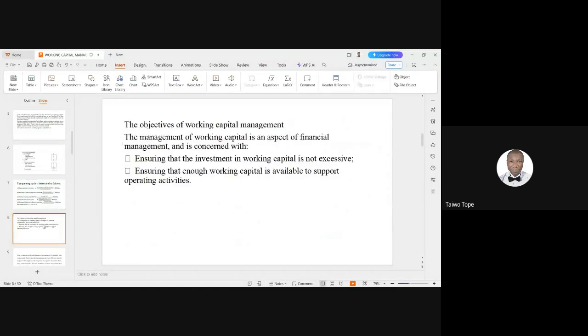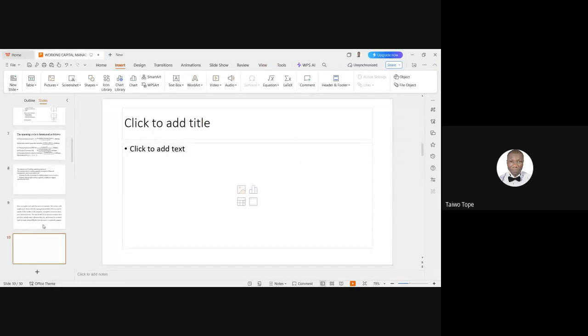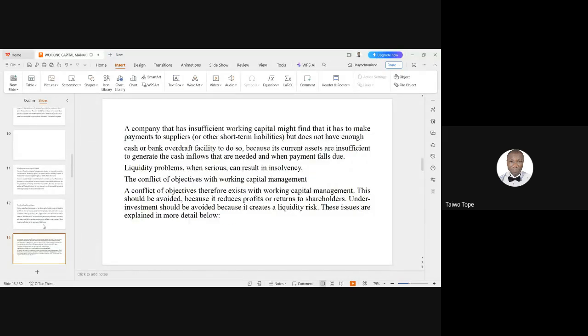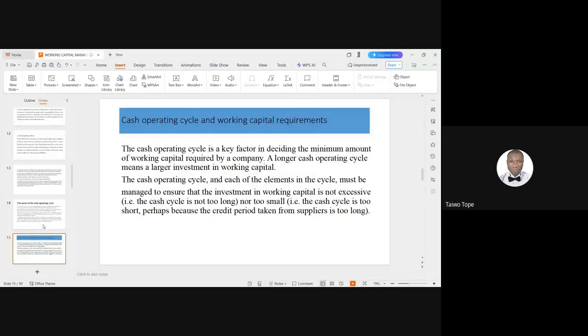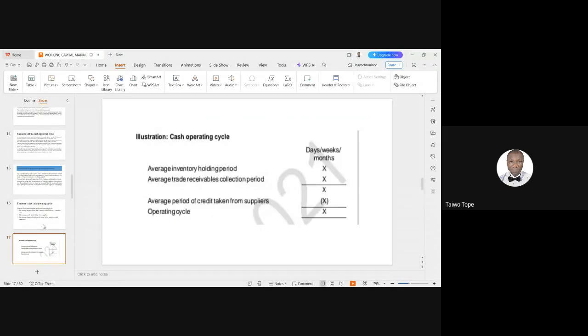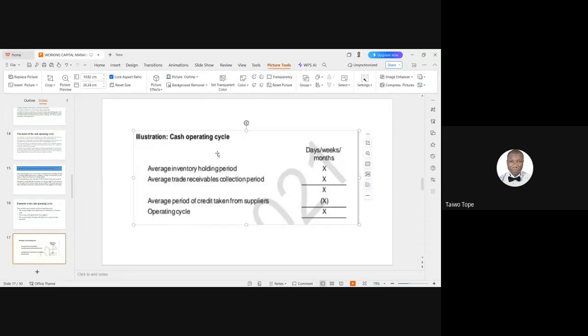For example, you can see this. This also is a way you can get your cash operating cycle. You can see it: average inventory holding period plus average trade receivable collection period.